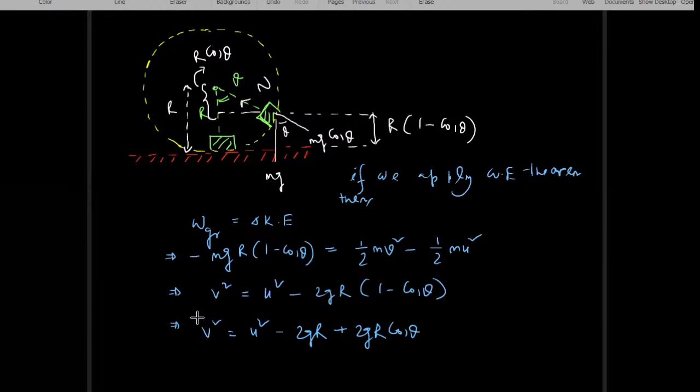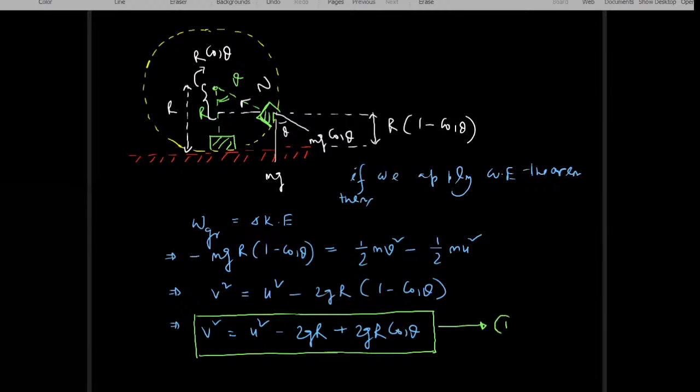Is it fine for everyone? So this is the equation we got correlating the velocity at that point, initial velocity, and angle theta. Let us call this equation number 1. Is this fine for everyone? Please respond.